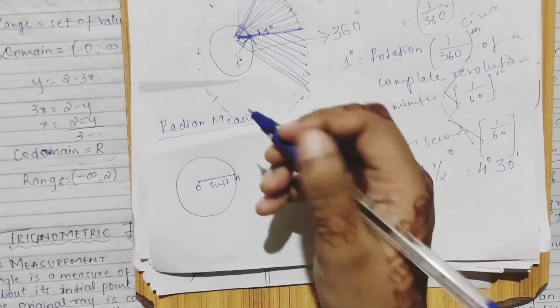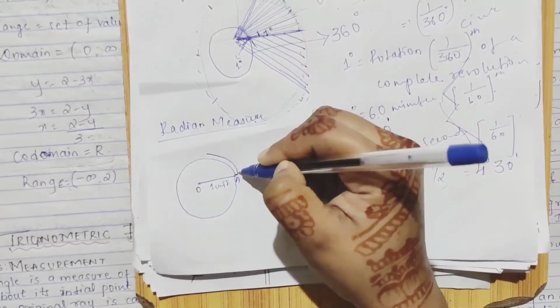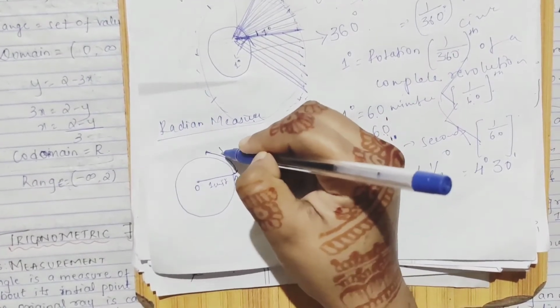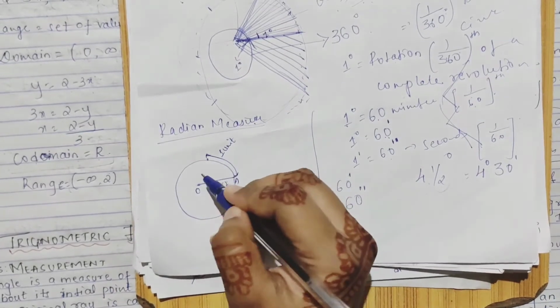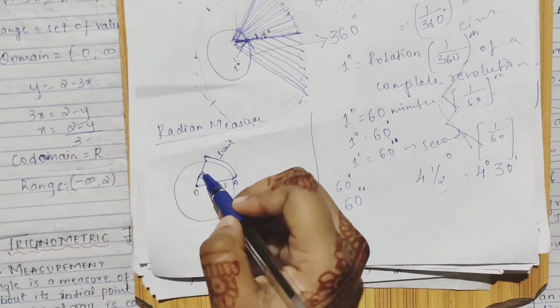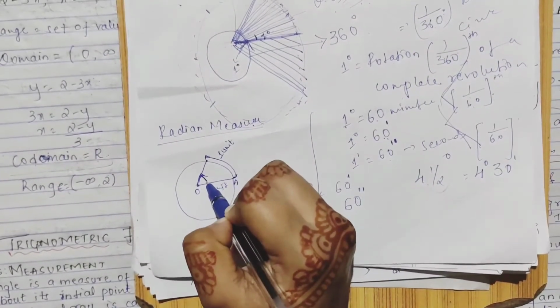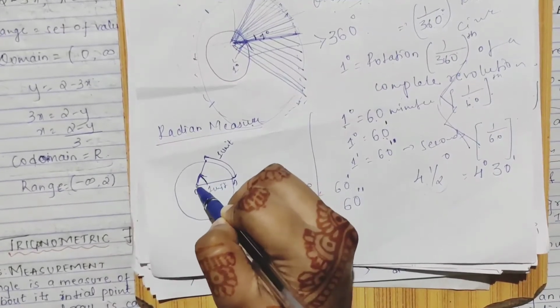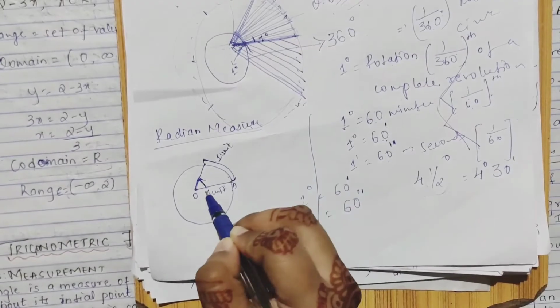Now along with this, even this arc I am considering along with my 1 unit only; this also will be your 1 unit. At this point, till where it will be 1 unit, if you mark this point, this angle is subtended at the center with an arc of 1 unit to the unit radius.